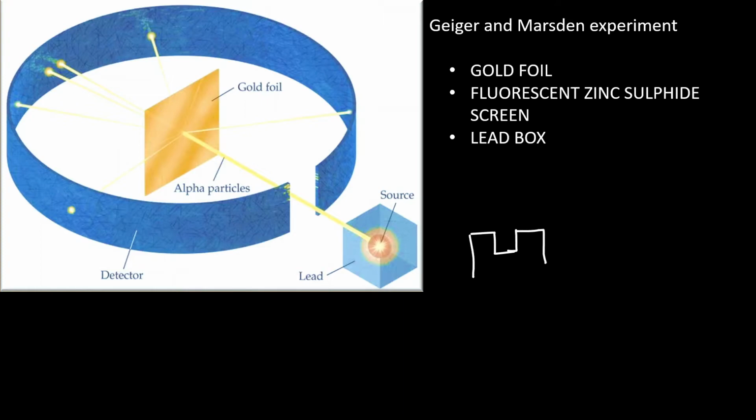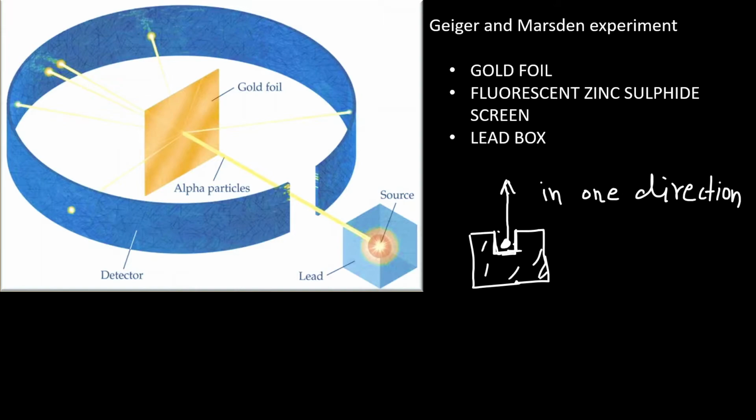In this chamber, in this tunnel-like structure cut by these edges, the radioactive substance was placed so as to have alpha particles in one direction, and the lead box will absorb the randomly emitted alpha particles.